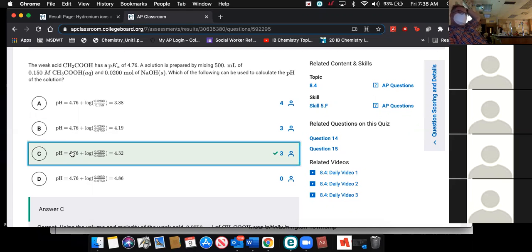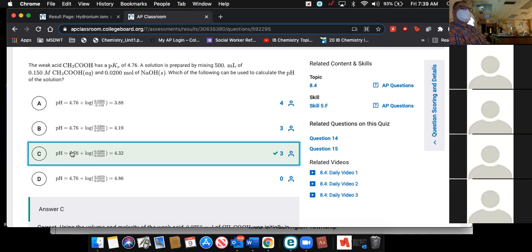So in reality, you're going to have how much? Instead of 0.15, you would have, what's half of that? 0.075. Well, you know that 0.02 of the NaOH is going to react with 0.075. So what does that end up making the concentration after the hydroxide neutralizes?